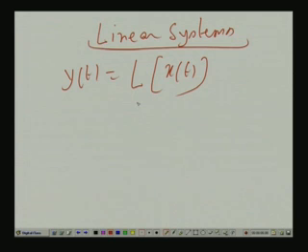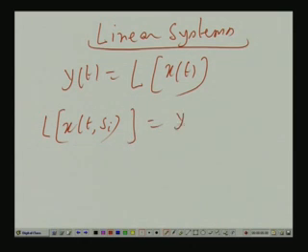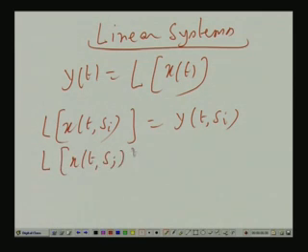A system is linear if, suppose you give one waveform for a particular outcome, x t s i, L of that is some waveform y t s i, and again x t s j gives another waveform y t s j. Now, suppose you have an experimental outcome where the waveform is actually a linear combination of these two waveforms.